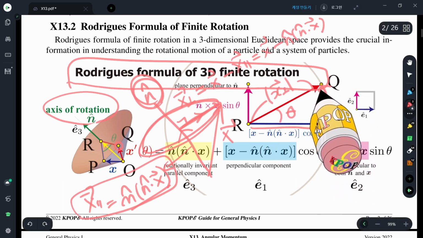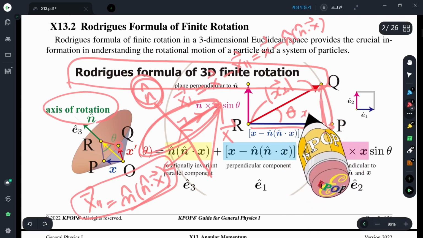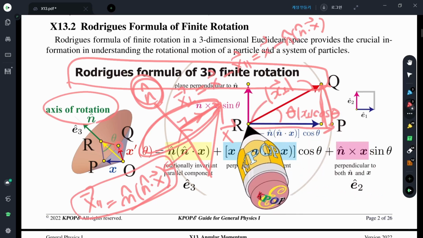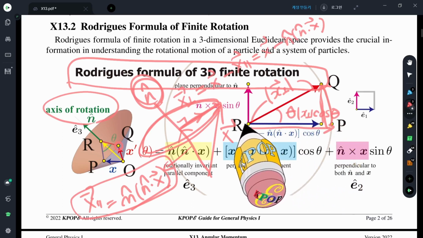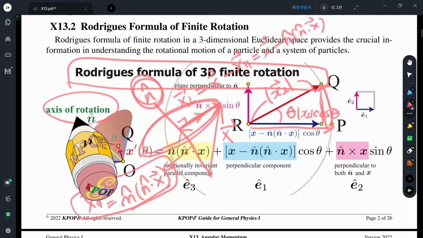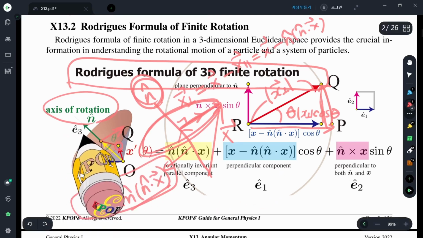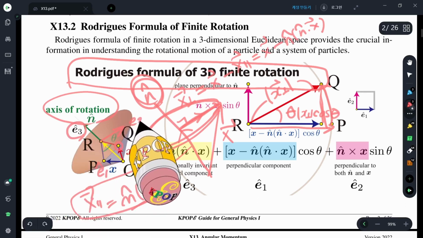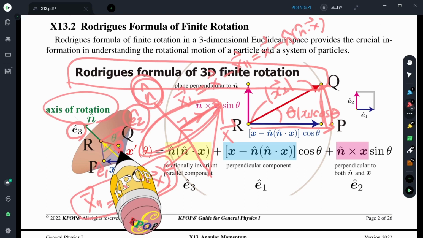So the projection onto the original perpendicular component is x perp cosine theta. And there is a new direction that is perpendicular to the x perp, and that is also perpendicular to the axis of rotation. That is this direction. So we use E3, E1 hat and E2 hat and expand this final vector in terms of E1, E2, and E3.